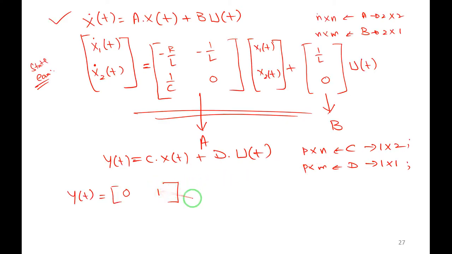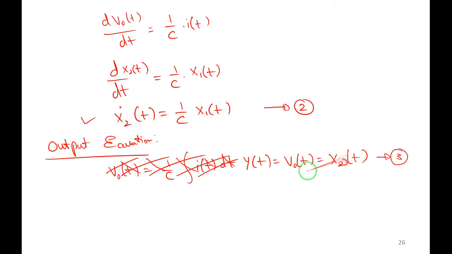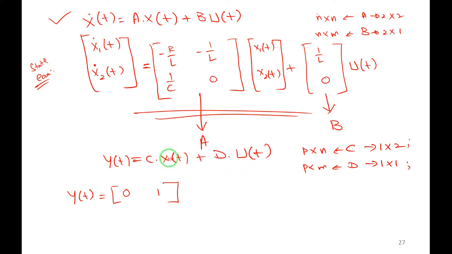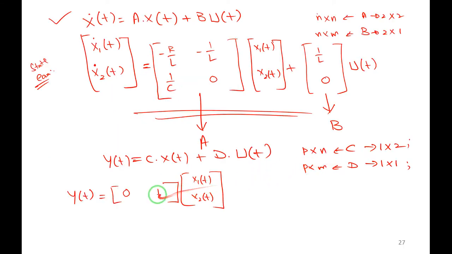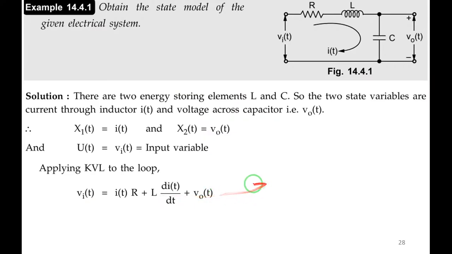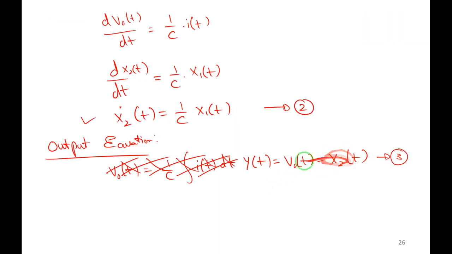Here x of t means the state vector, x1 of t and x2 of t. Observe that only x2 of t is there. So this coefficient represents the coefficient of x1 of t, which is not there, so it is 0, and the coefficient of x2 of t is 1. You just multiply first row and first column, 0 into x1 of t, 1 into x2 of t. So I am getting 1 into x2 of t. I am getting back this.